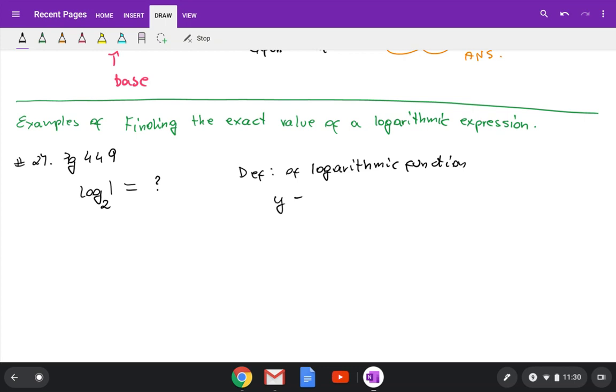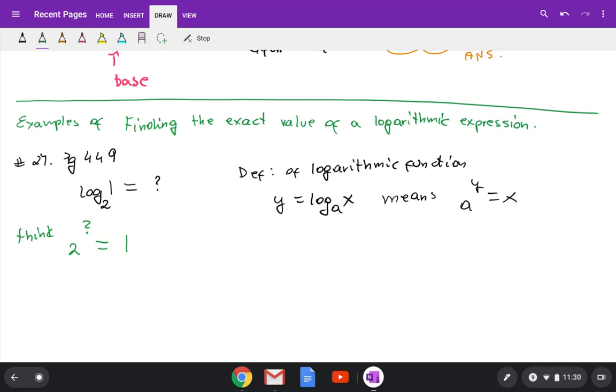So you have y equal log of base a of x means, and you create that exponential, the inverse, that base to the power of y has to give you that x. So here you have to think: the base, which is 2, to which power will give you 1, because 1 is x, the expression next to log.